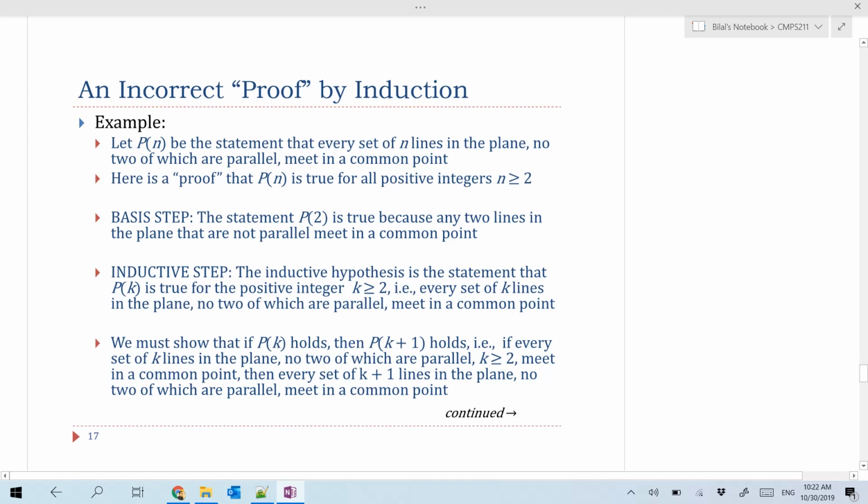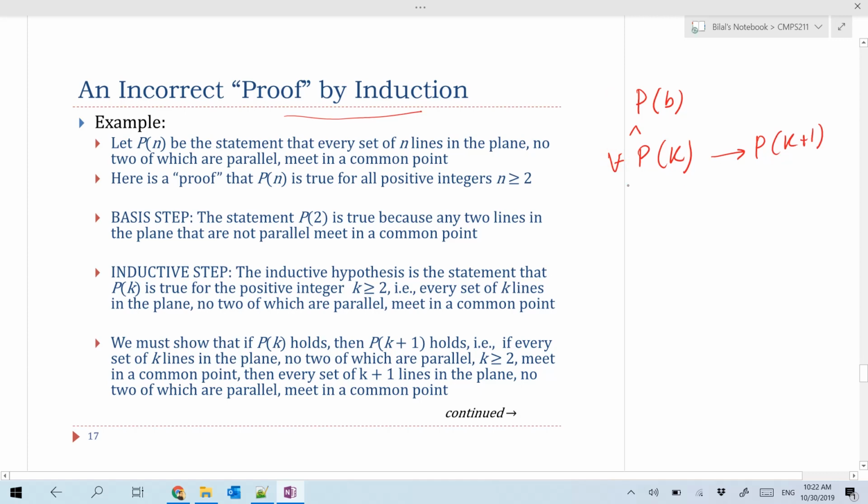However, sometimes proof by induction might be misleading, because we may prove that the property is true for a certain base case, and we may show that if the property is true for k, then it is necessarily true for k plus 1.